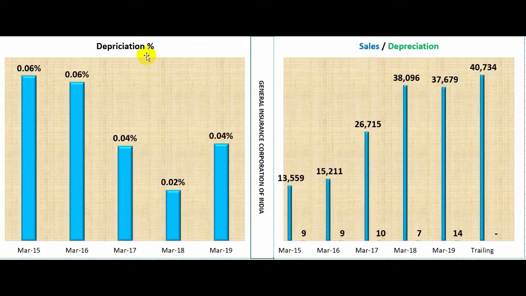Depreciation as a percentage of total sales is also very low, meaning this company doesn't have much of the fixed assets which it needs to expense out or depreciate to the profit and loss account. It's a very minor depreciation rate being charged. In March 19, only 14 crores came in as depreciation expenses against the sales of 37,000 crores.